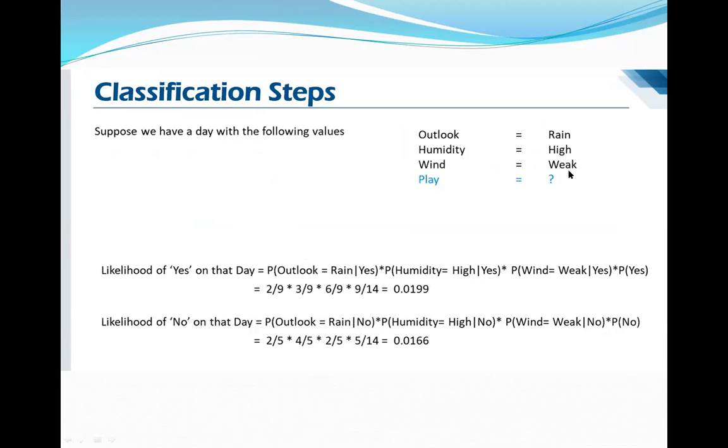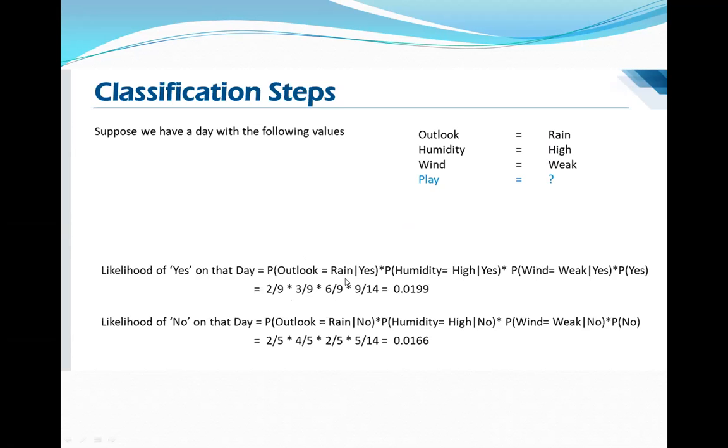Probability of yes given three things: rain, high, weak. For rain this is the definition, for humidity this is the definition, for wind this is the definition. You have to multiply the three things. The formula is given only for a single value; if it is a feature vector, you simply multiply.